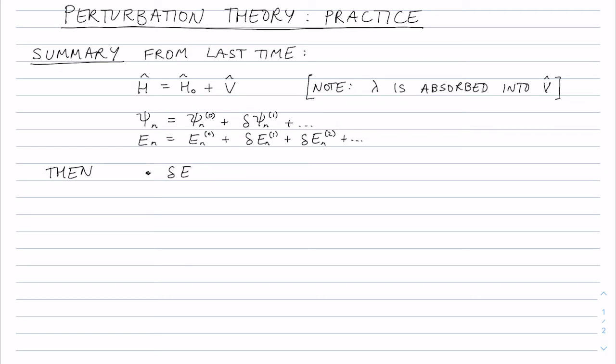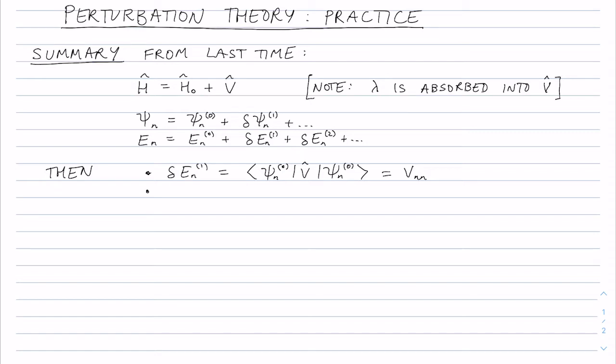Delta En1, the first order correction, was psi n naught V psi n naught, which we gave the name Vnn, the matrix element of V in the unperturbed basis.